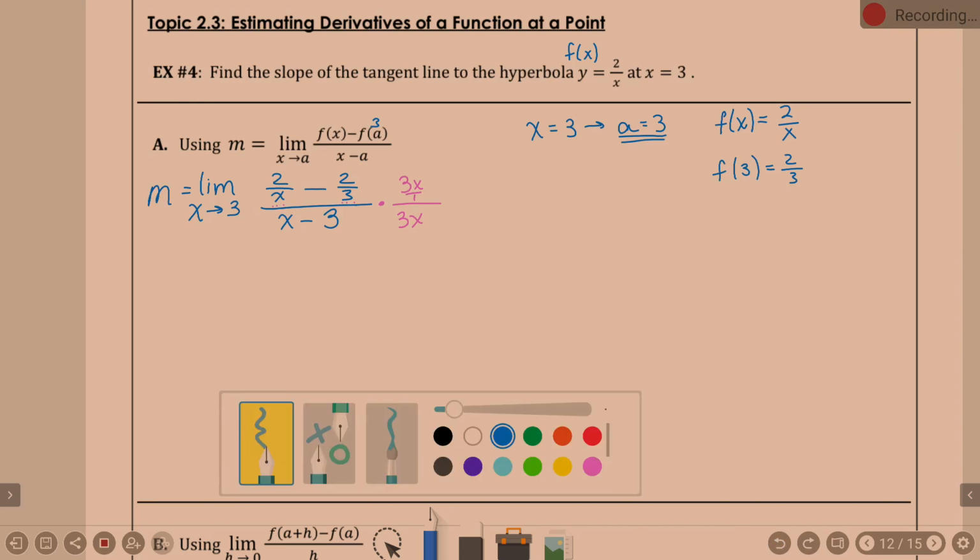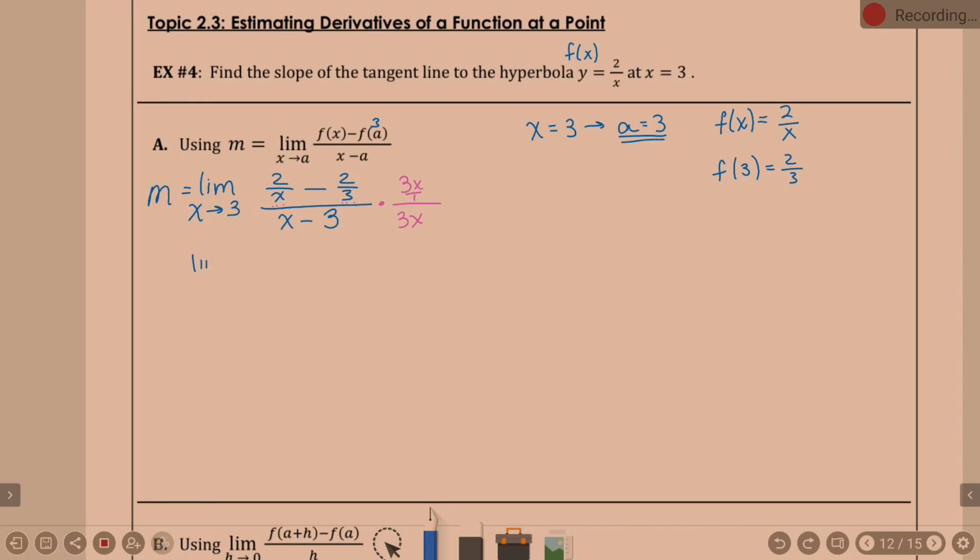Okay, so the limit as x approaches 3. Now, keep in mind, we're going to take this 3x and distribute, yes? 2 over x times 3x becomes what? 6. Because x's cancel, so 2 times 3 is 6. Minus 2 over 3 times 3x: 2x. 3's cancel, so 2 times x is 2x.